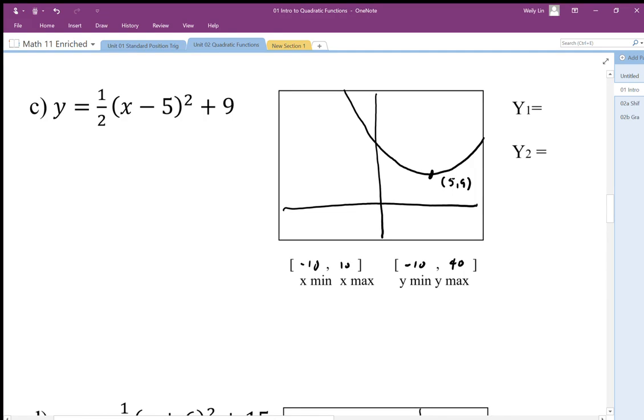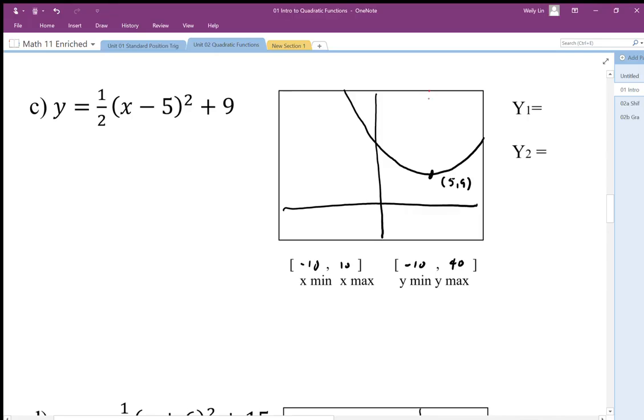So this window gives us just an indication of the scale. Now the window doesn't have to be exact, it just has to give us a general idea of the scale. It's not super important, and it doesn't need to be exact by any means, but it has to give us an approximation of what the min and max edges of those windows are, to give us an idea of scale. So there's my vertex.